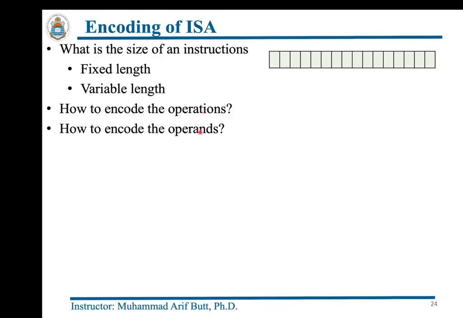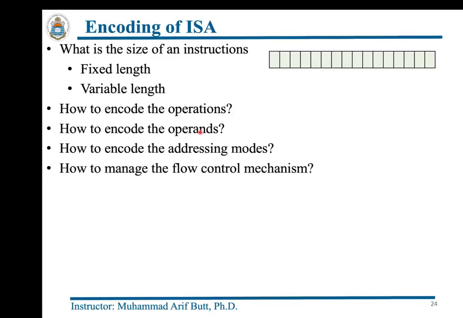That is, if they are registers, if they are constants, or if they are inside the memory having the address inside the instructions. And another question is how we are going to encode the different addressing modes that this particular ISA is going to support. And finally, how from the instruction the control unit can manage the flow of the control mechanism.